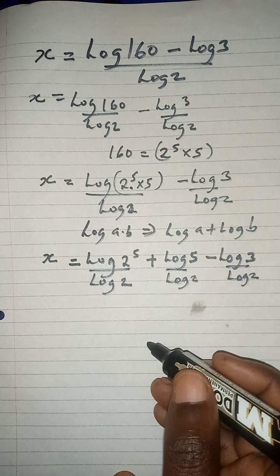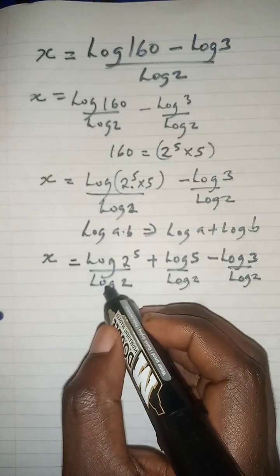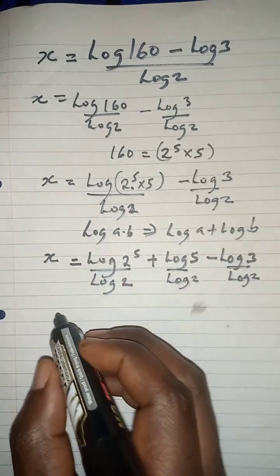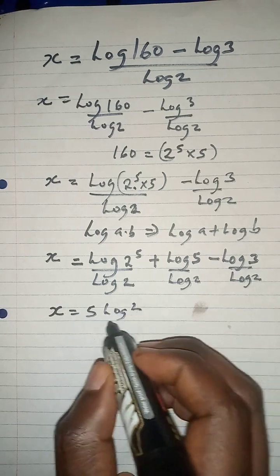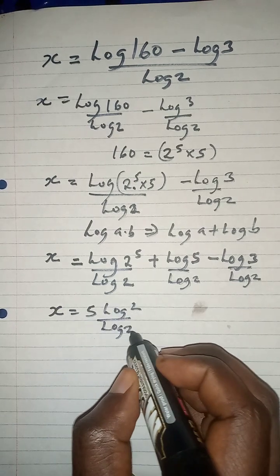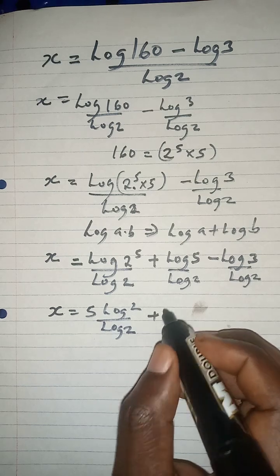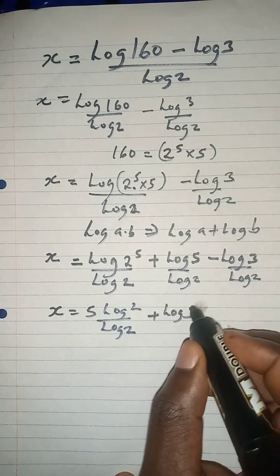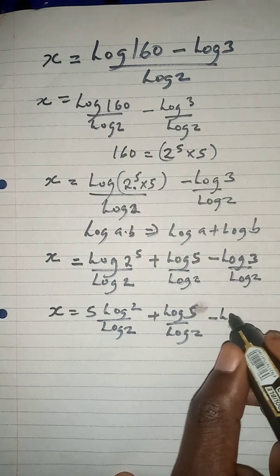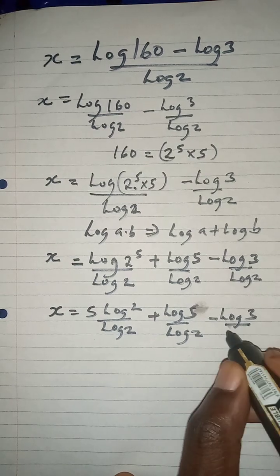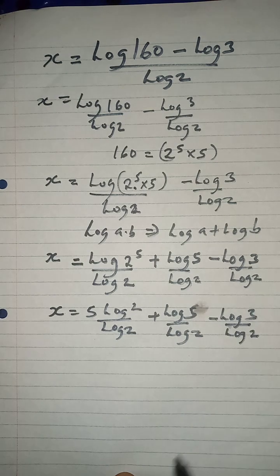So we continue again. At this stage, the 5 is going to come here as 5 to the log of 2 divided by the log of 2, plus log 5 over log 2 minus log 3 over log 2.